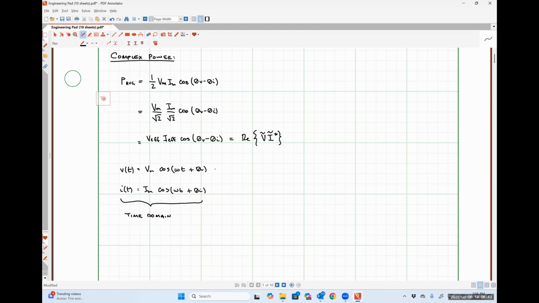And we learned that in the frequency domain, we could represent that voltage as a phasor, V is equal to Vm angle theta V, and we could represent that current as a phasor Im angle theta I. So these are our frequency domain relationships.